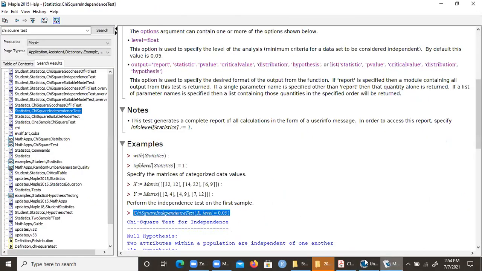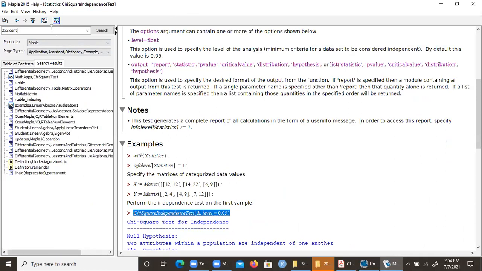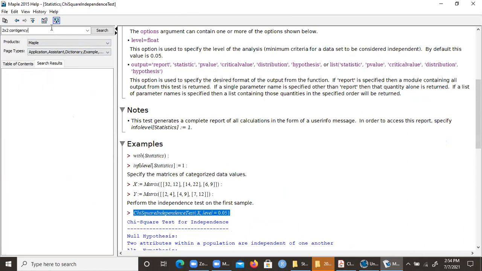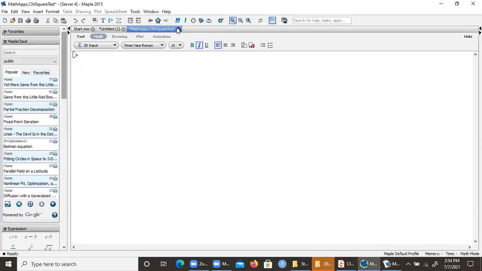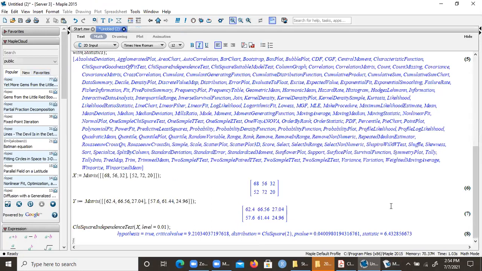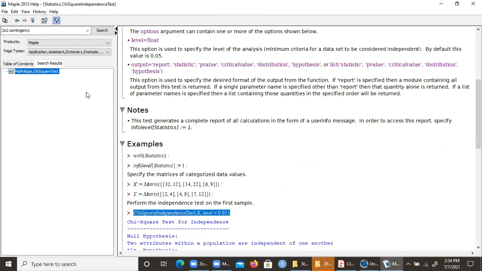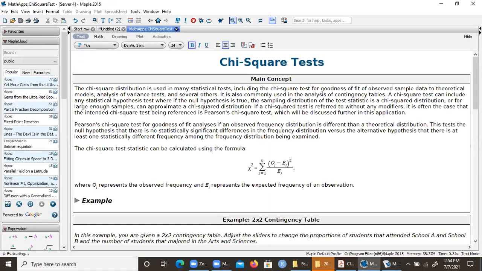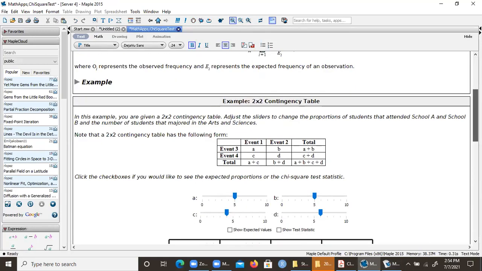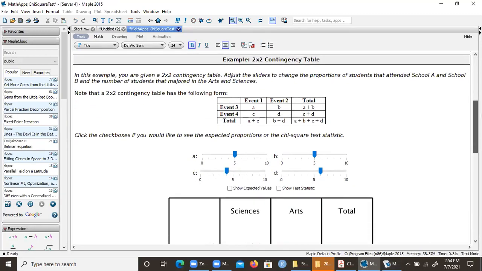So I will write here, 2x2 contingency. Okay, so this is the thing. You see, the 2 by 2 contingency table page has opened.